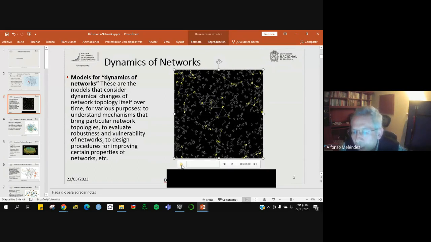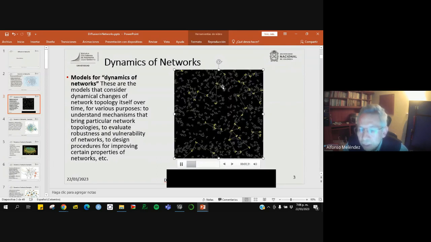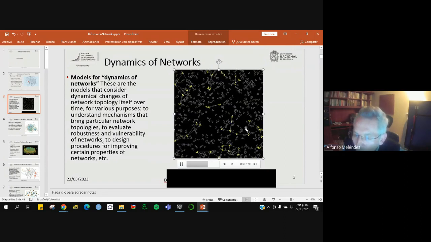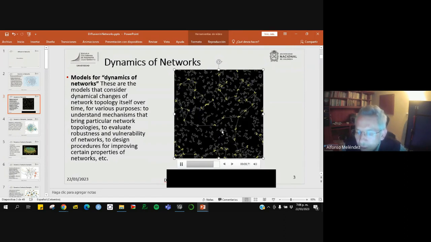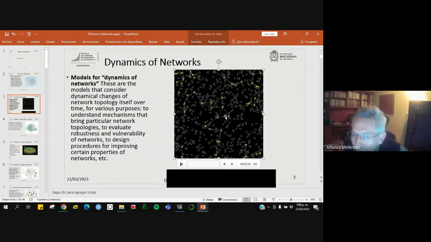Okay, look. This is a network where the links also change. This link existed and disappeared. The fireflies are moving. This is a toy model, but the serious models of these fireflies were studied by Watts and Strogatz.